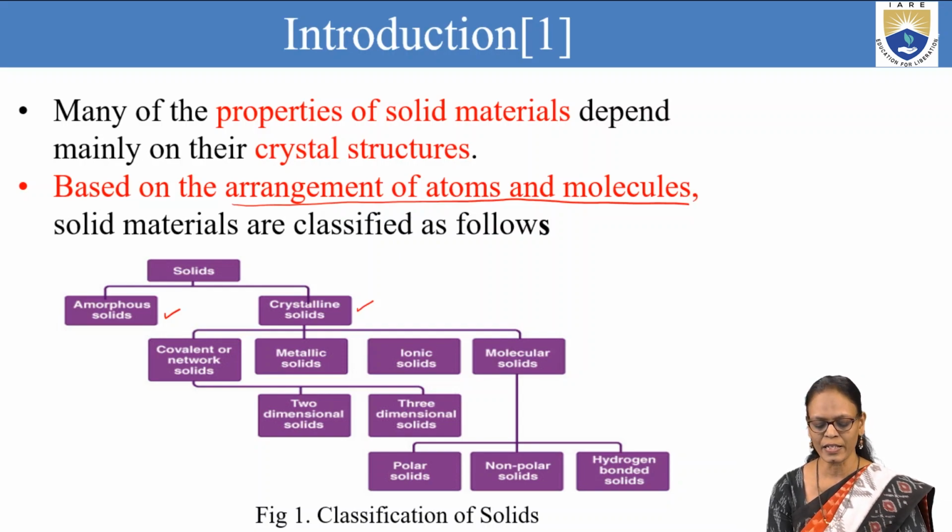We will see in detail about amorphous and crystalline solids in the next few slides. Crystalline solids can be classified as covalent solids, metallic solids, ionic solids and molecular solids. In covalent, we also have 2 dimensional and 3 dimensional solids. And in molecular solids, we have polar, non-polar and hydrogen bonded solids.